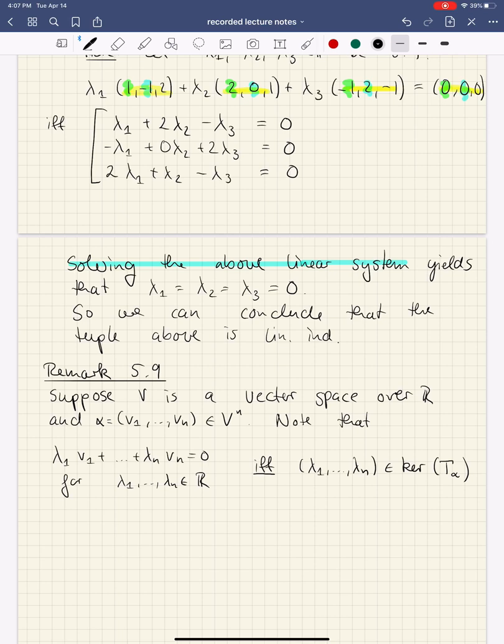Well, let's look at what gamma alpha of lambda 1 through lambda n should be. Well, this is precisely by definition lambda 1 v1 plus all the way up to lambda n vn. And then this by the left-hand side should be equal to 0. And so you can go back and forth like this.